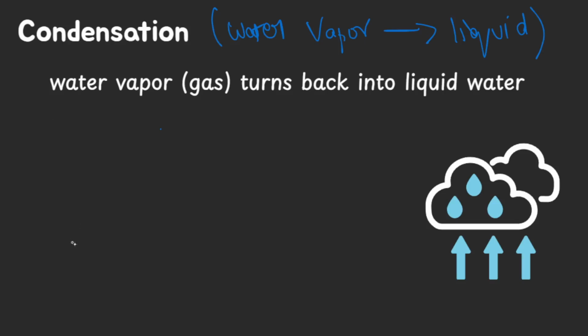Water vapor is invisible, we can't see it. When this water vapor, an invisible gas, moves to a higher altitude, a higher height, it becomes cooler.